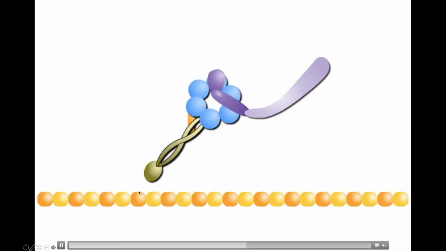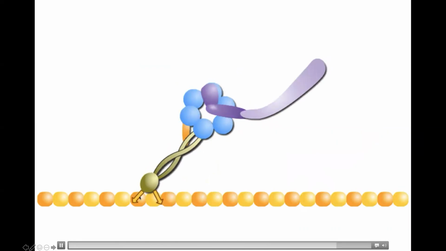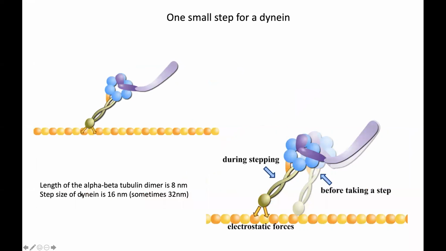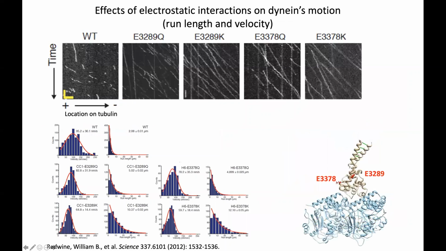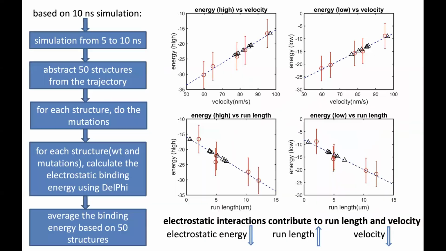And the local interactions between binding domain and the microtubule will adjust the forces and reorient the orientations and then attract the binding domain to the binding pocket so that the dynein works along the microtubule accurately in each step. Okay, so that's the story of dynein.